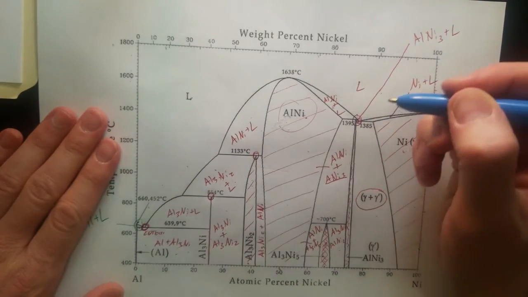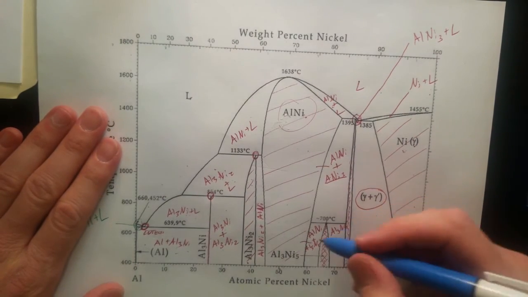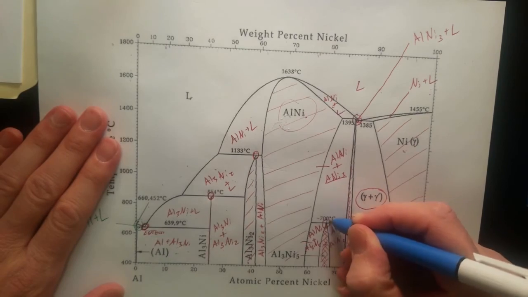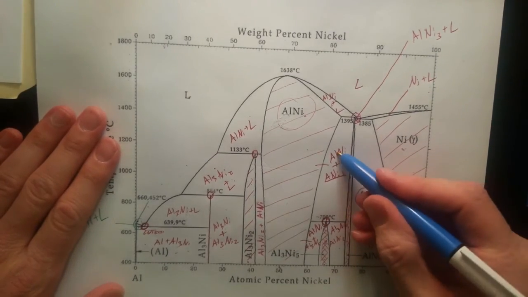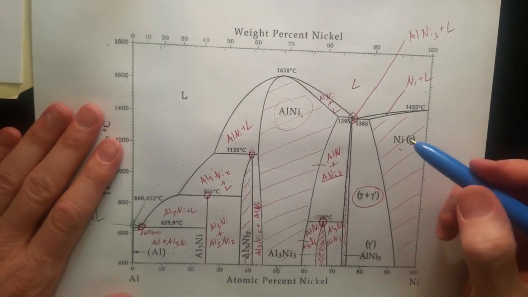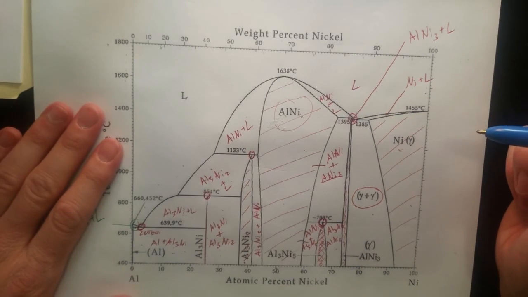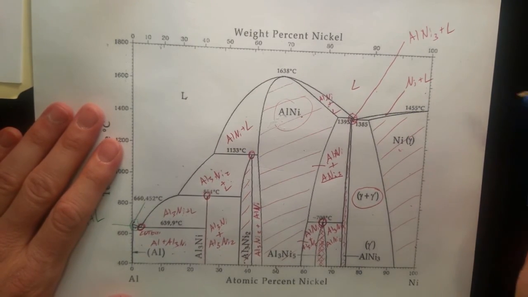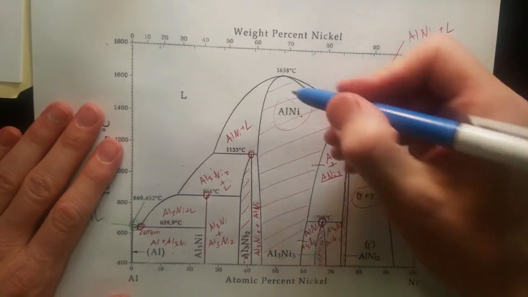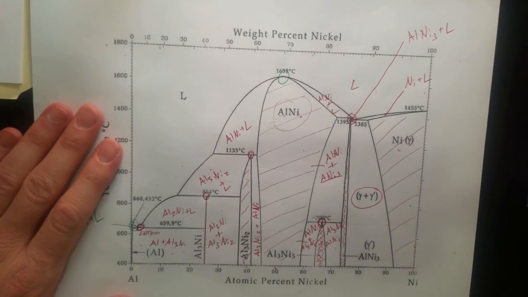Paratectic here, paratectoid here, because two solid phases going to a single phase, paratectic here, and then this point is a point of congruent melting.